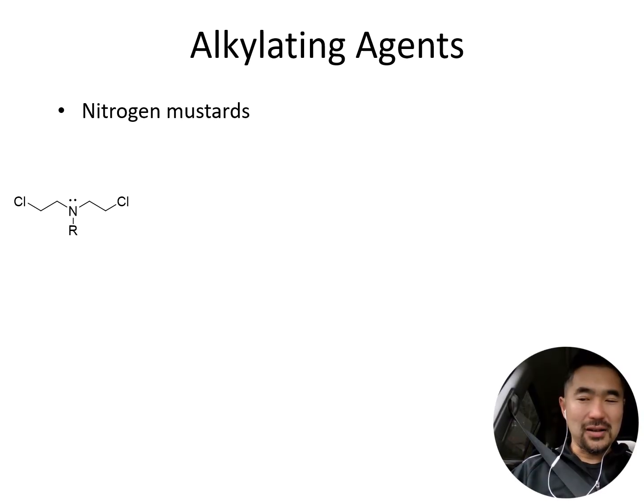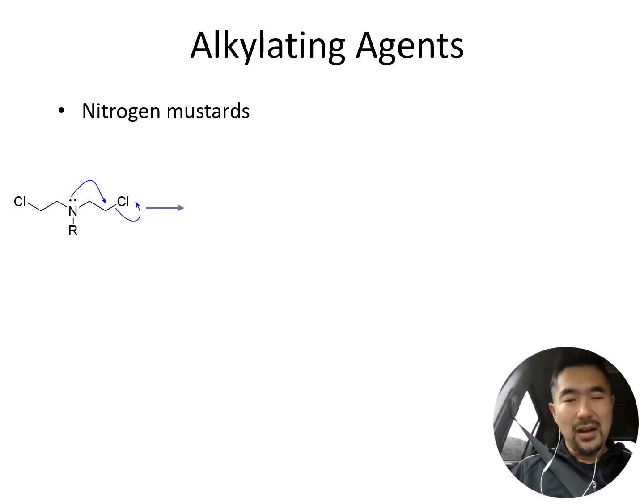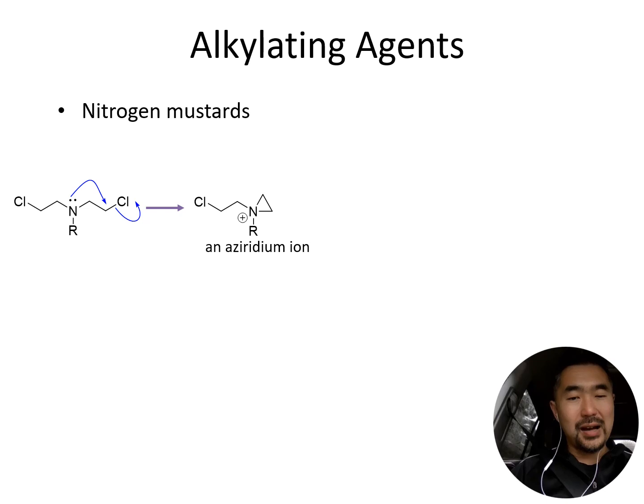There were also quite a bit of horrific and unethical human experiments done back then. But today we know that mustard or alkylating agents actually work against cancer because of some of those human experiments, ironically. And the way that works is by a series of SN2 reactions.